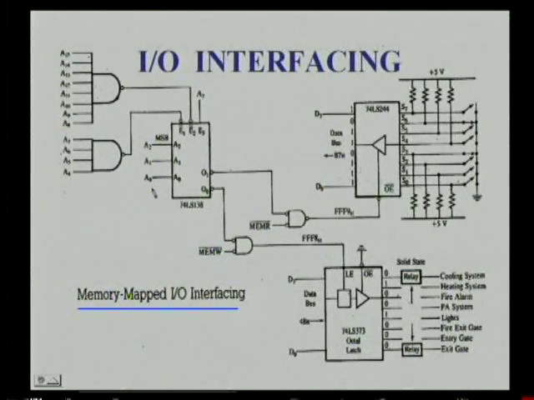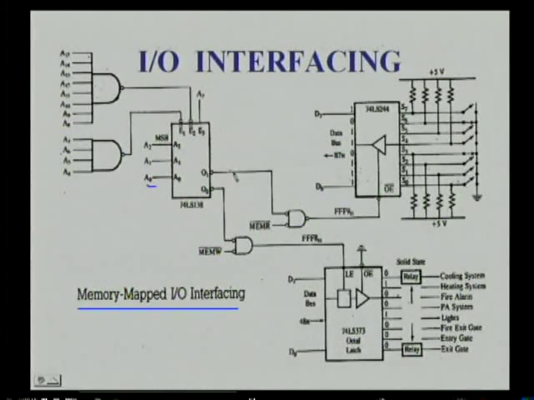So, we can easily know it by observing two things. One is the control signals used are memory read bar and memory write bar, hence it must be memory mapped. And next, the address lines used are A0 to A15, that is 16 address lines are used to identify this. So, it is a memory mapped IO interfacing. I hope you can analyze this.